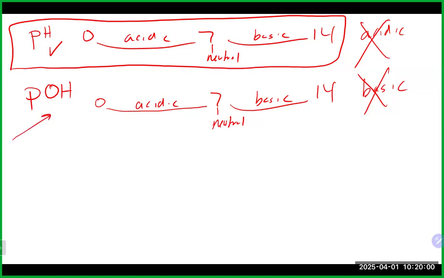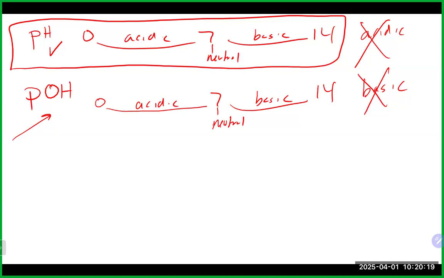The pOH runs opposite. That's how a lot of people give multiple answers for the same solution. So always look at the pH, because that's always the scale you are running on. Any questions on that?